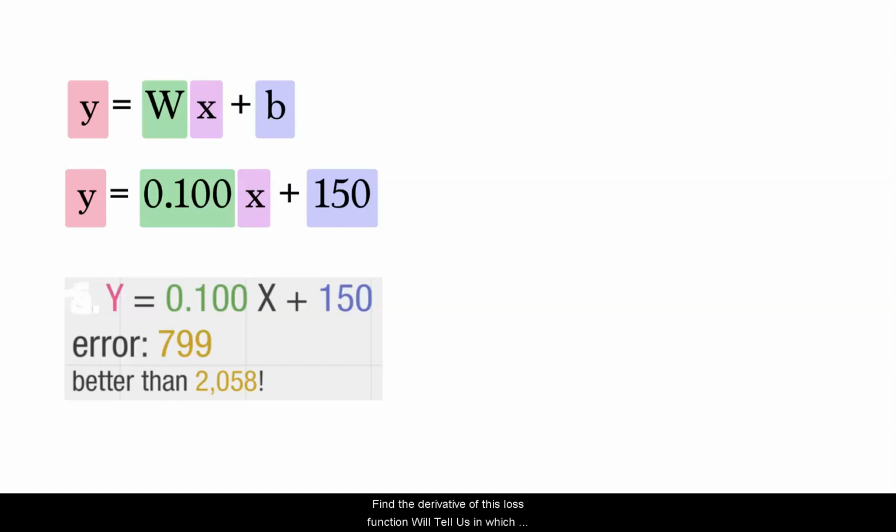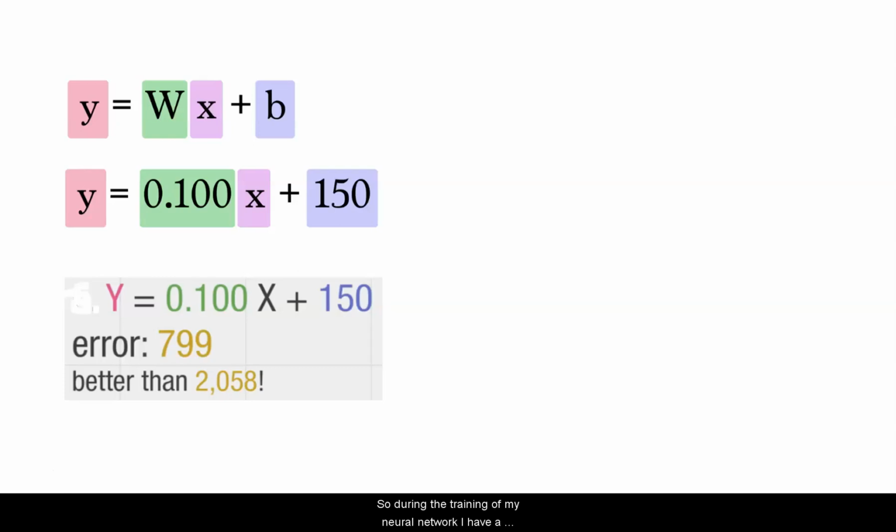And the derivative of this loss function will tell us in which direction we want to change our W and B in order to minimize this error.